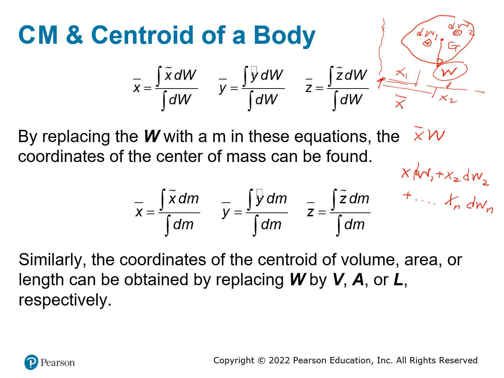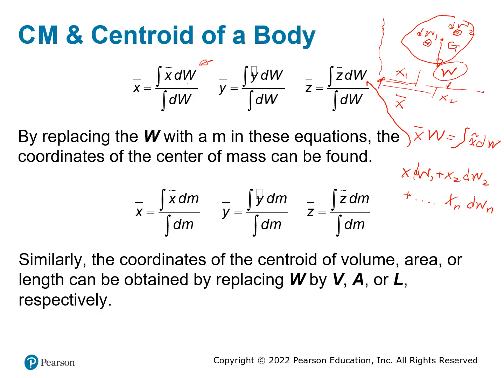If you sum them together, or you make each one very, very small, it actually turns out to be an integration. So it's going to be the integration like this. If you do an integration by looking at each little piece of the body, it has a location away from the reference point, and then you multiply with the dW.